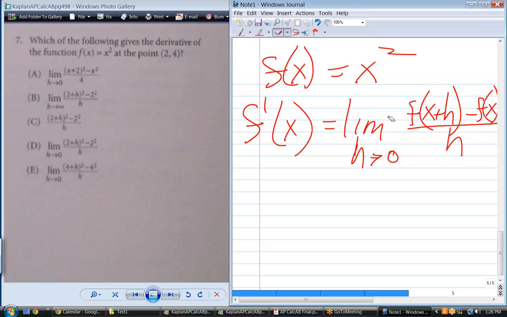So if we apply this definition to here, what do we get? Which answer? For the function f of x equals x squared, at the point 2, 4.